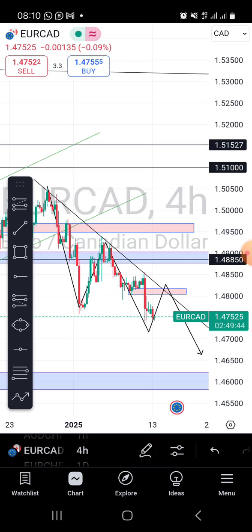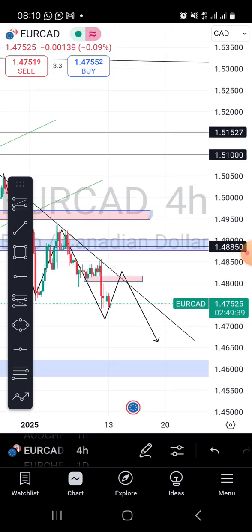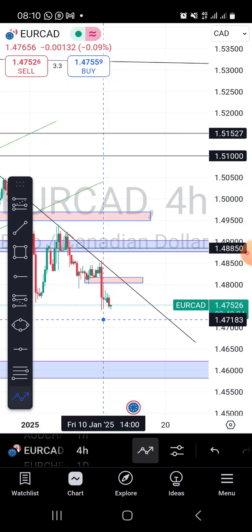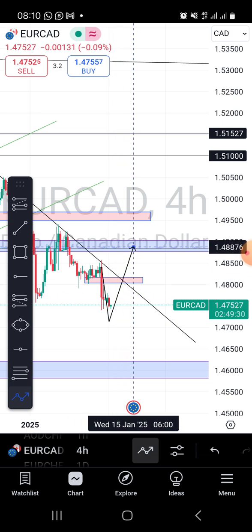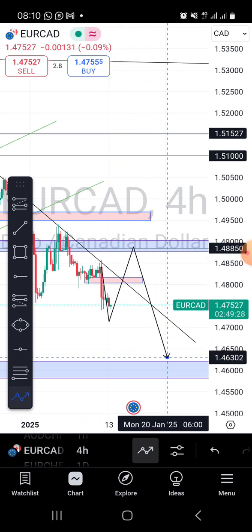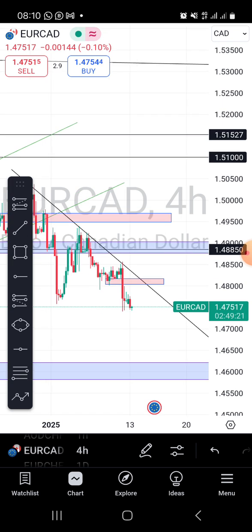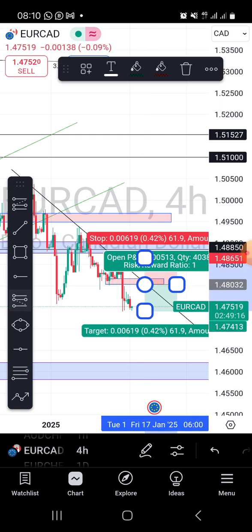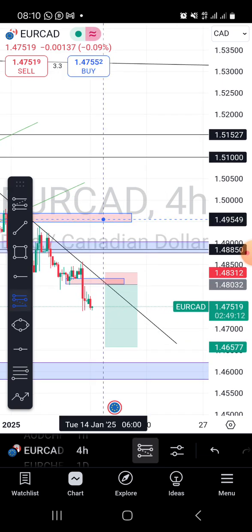We can expect this, or expect a major pullback to this zone. I'll show you how we should expect a major pullback from anywhere from here, then it goes up to this point, then comes down. So our two possible entries here should be this point here, if there's confirmation we can take it, or this other point here.